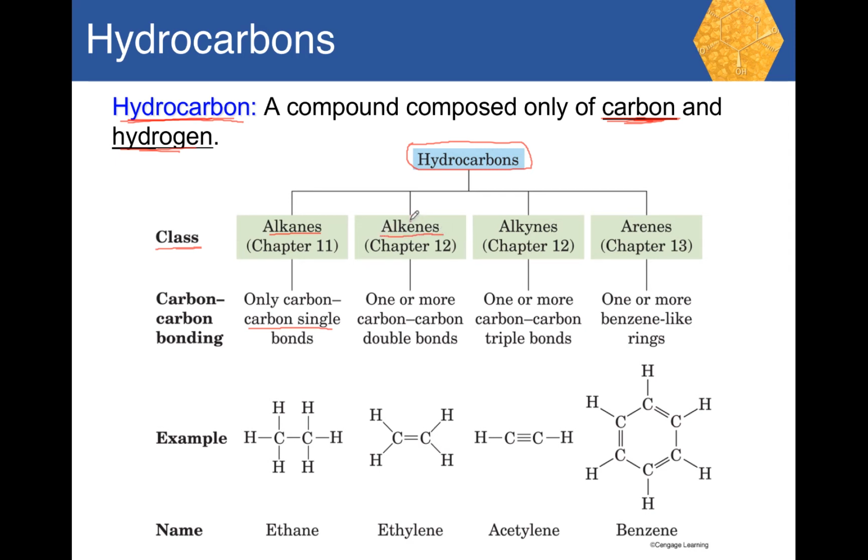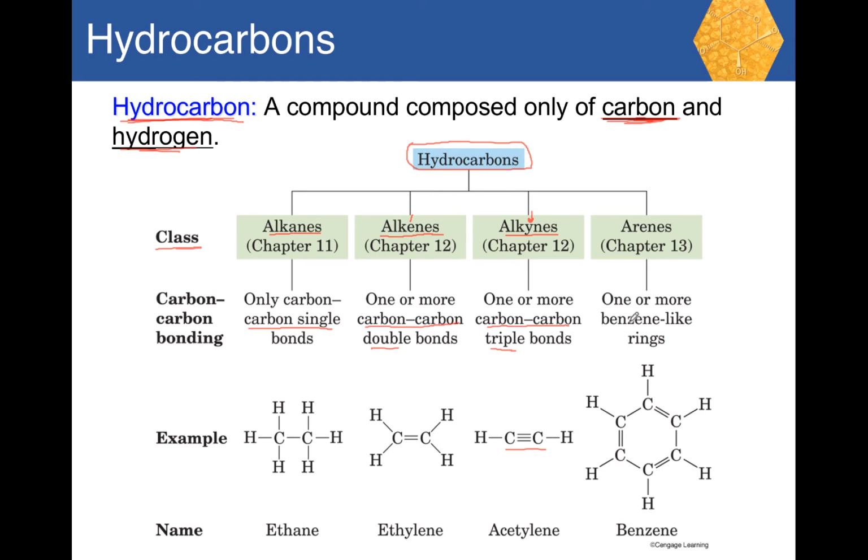Notice the E. And that's because it has at least 1 carbon-carbon double bond. Then, in chapter 12, we look at alkynes. Notice the Y. That's different from alkenes and alkanes. And in this category, we have carbon-carbon triple bonds. As you can see, here's a carbon-carbon triple bond.